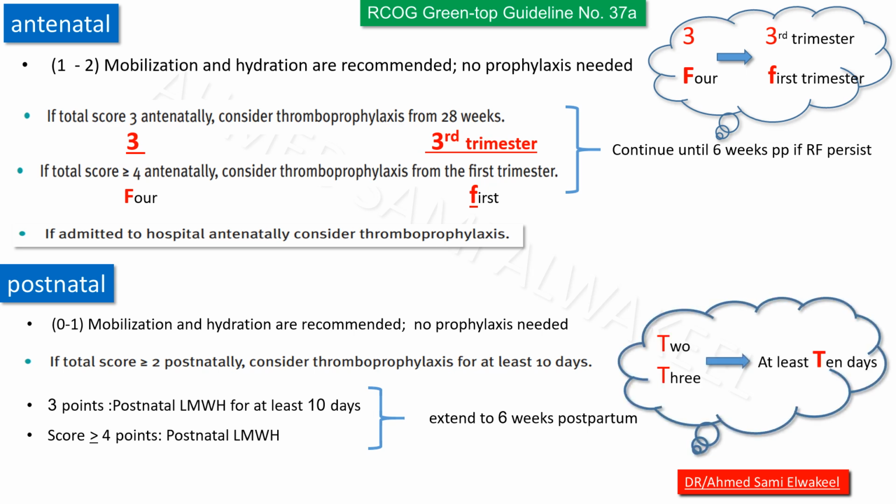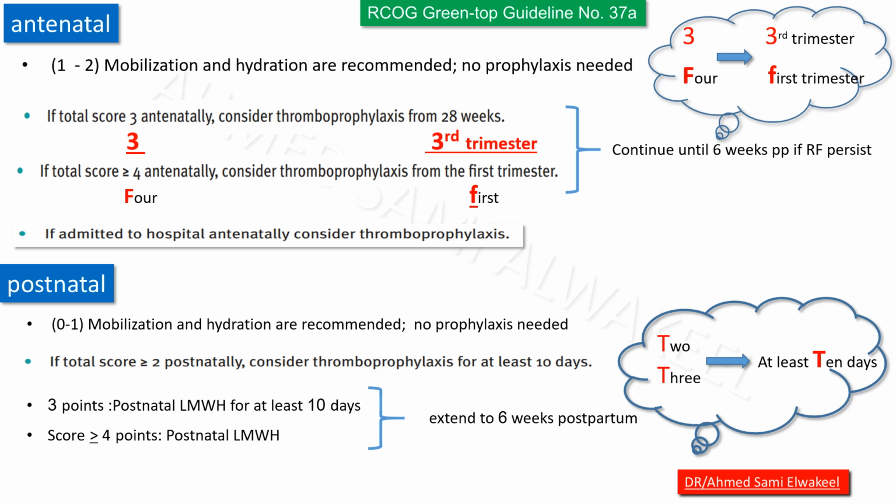Score 2 and score 3. Number 2 starts with T letter and number 3 starts with T letter, and we have 10 days. Number 10 starts with T letter. So when we have 2 point or 3 point, consider thromboprophylaxis for at least 10 days.